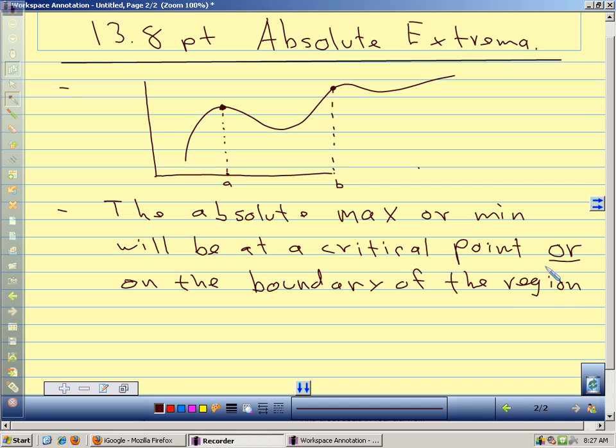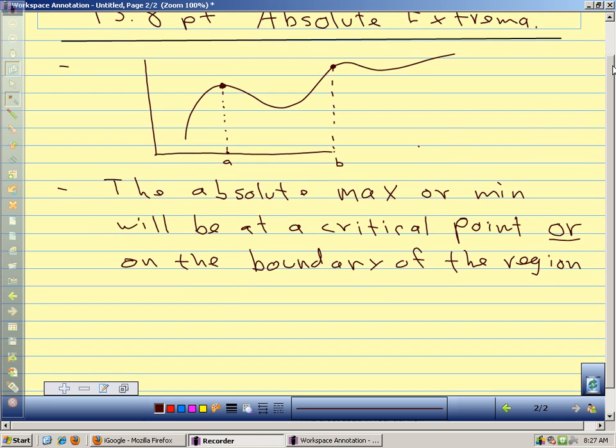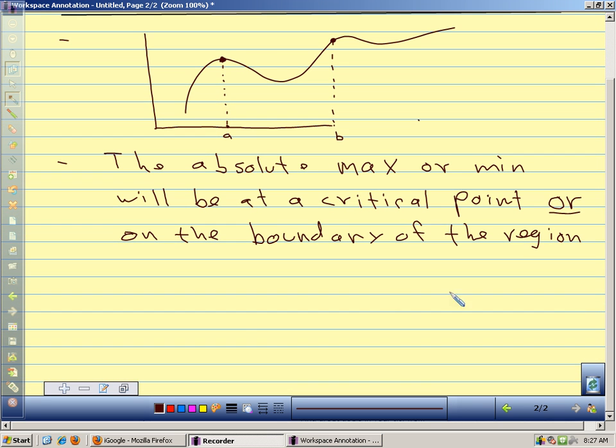For all of these, we're dealing with our function on some closed bounded region. So we have some steps that we have to follow to find our absolute extrema.